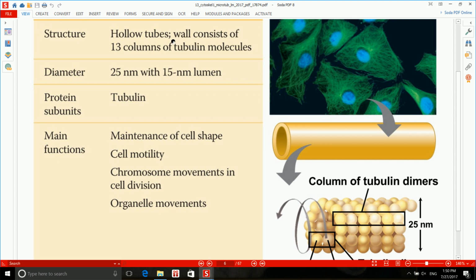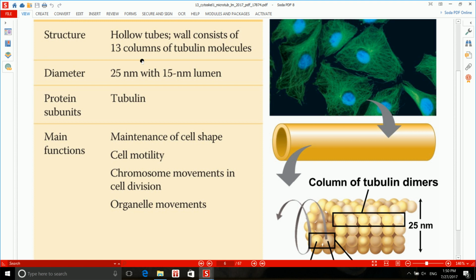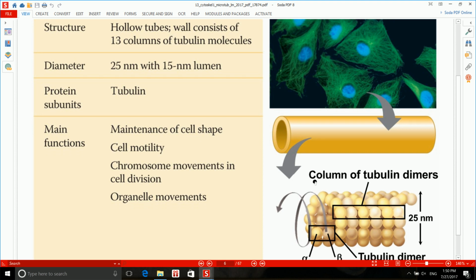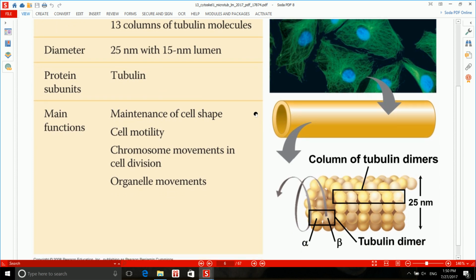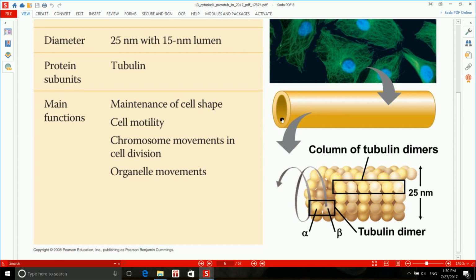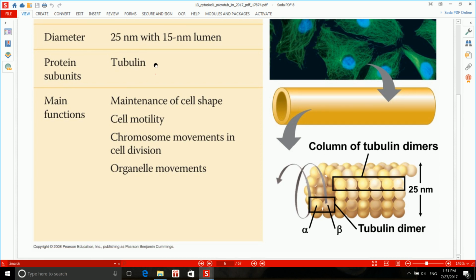And that it consists of 13 columns, I don't really think that's important. And the diameter, I said the important thing about the diameter of microtubules is that they are the thickest. And subunits, as we said, tubulins. Now, the main functions are the ones that are actually important.